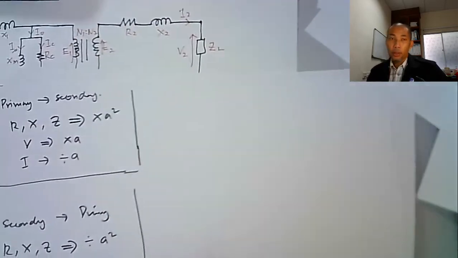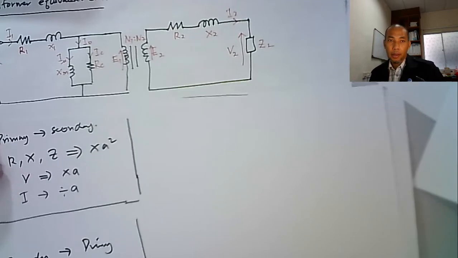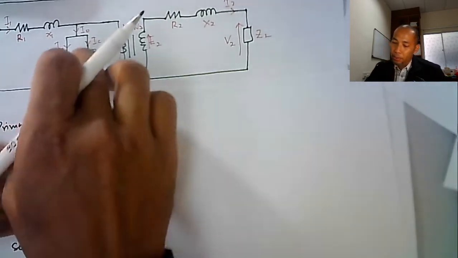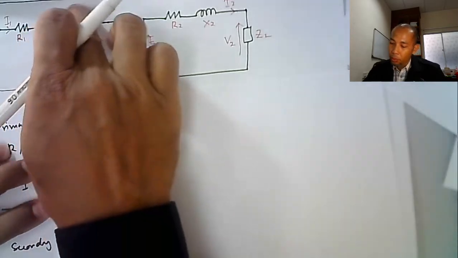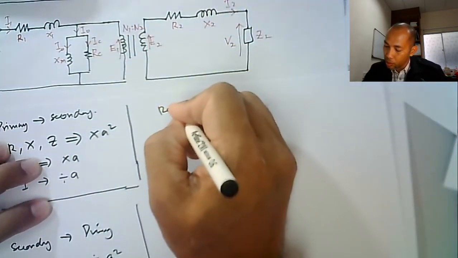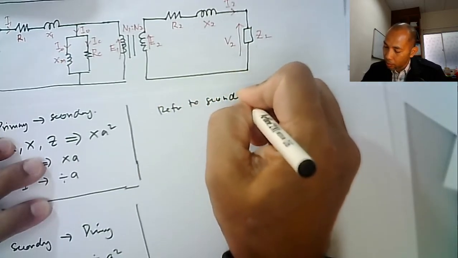So now, from this circuit, we want to bring all the parameters from the primary to secondary, we call it refer to secondary.